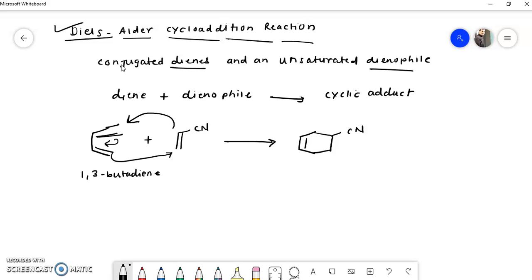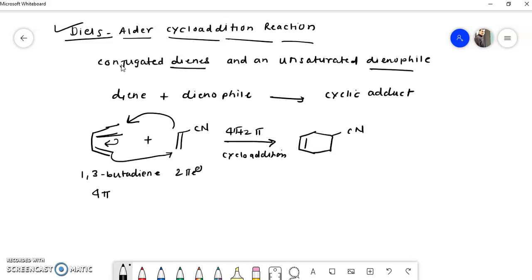Two double bonds means 4 pi electrons, and one double bond means 2 pi electrons, so this is also called a 4 pi plus 2 pi cycloaddition reaction.